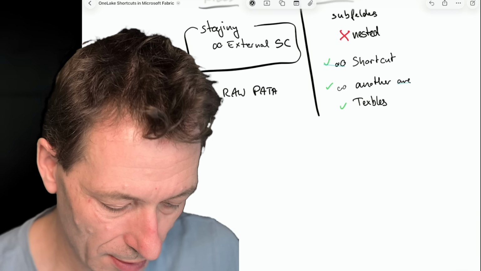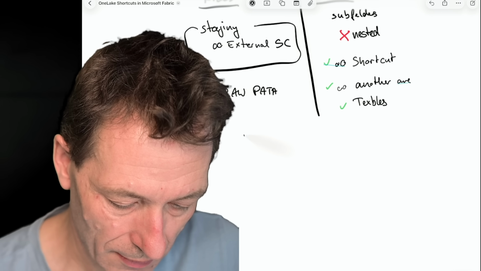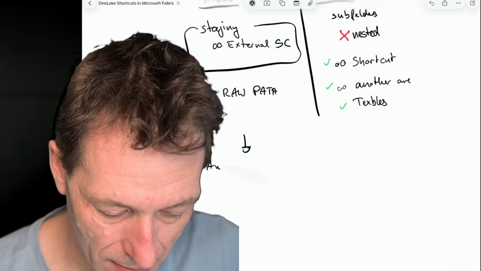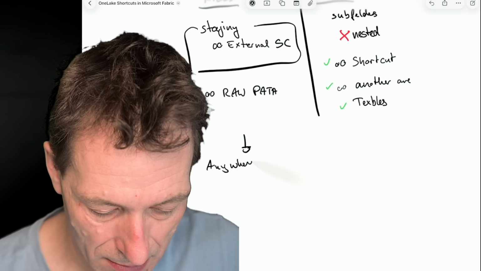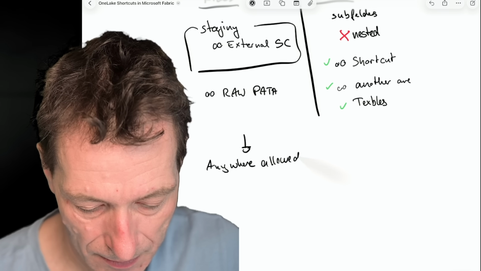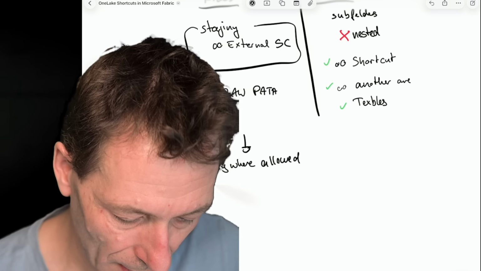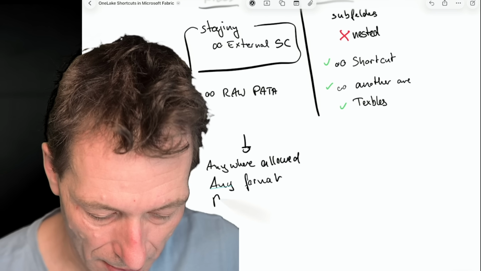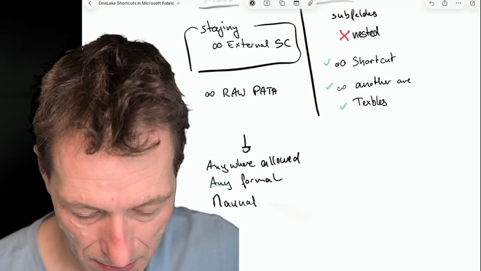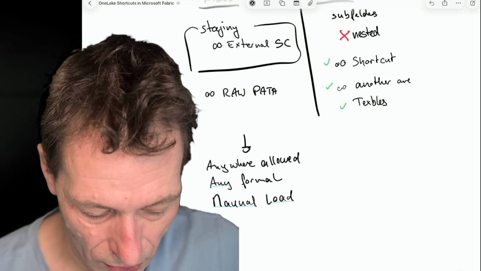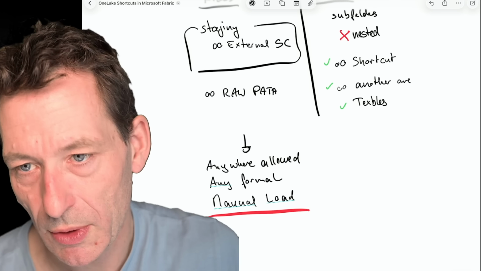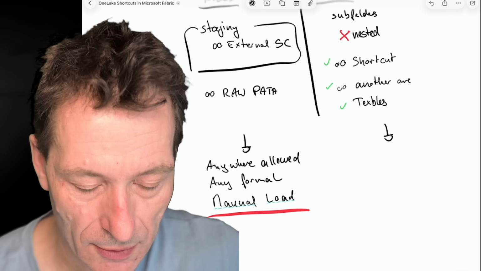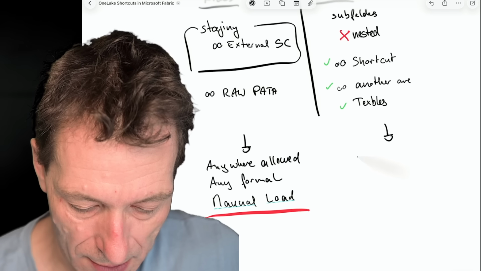So when we sum this up, this means on the left side files anywhere allowed, any format, but manual load. You need to load the data manually. Manually means usually notebook. When we sum up the tables folder, there is top level only.